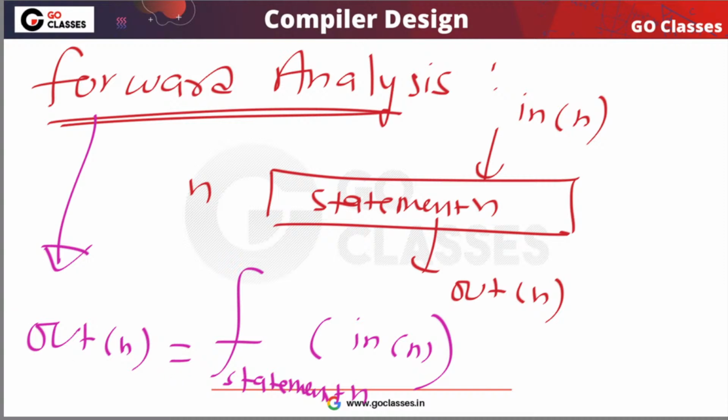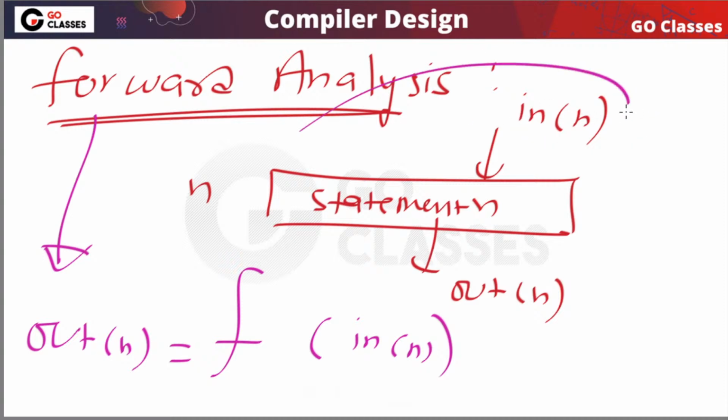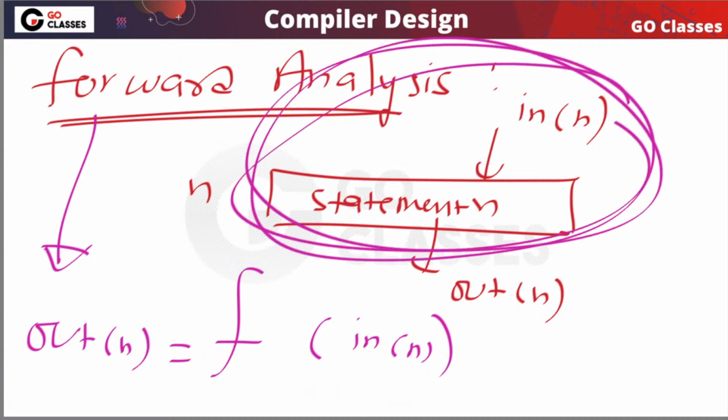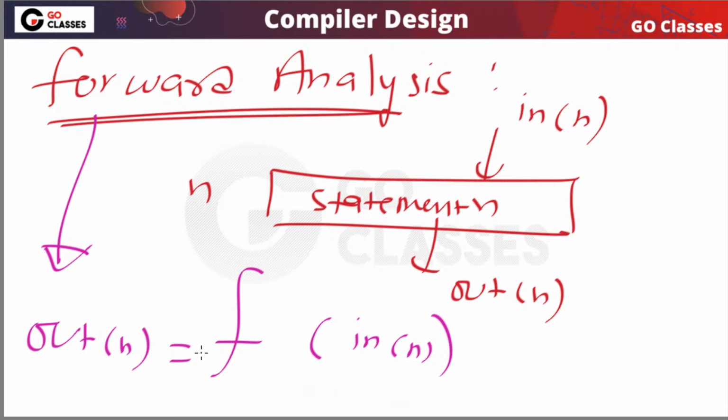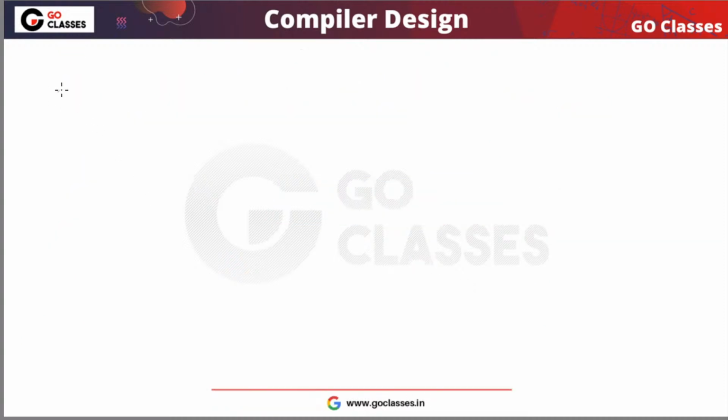Is this clear? What I'm saying is that in forward analysis, you find this out of n from in of n and statement n. And what is backward analysis?